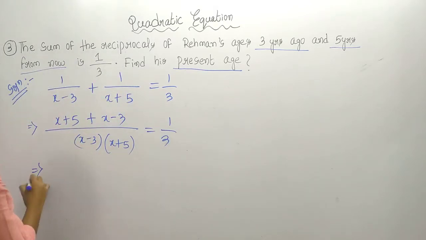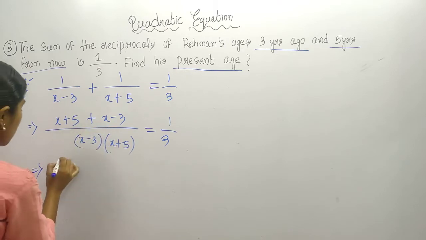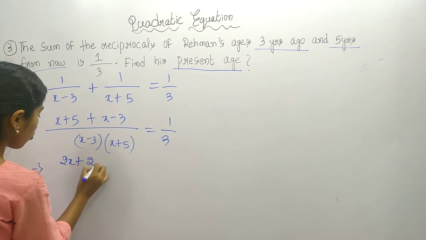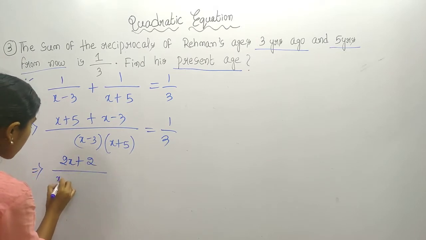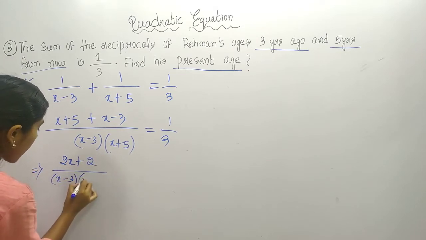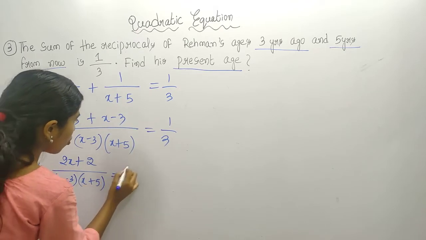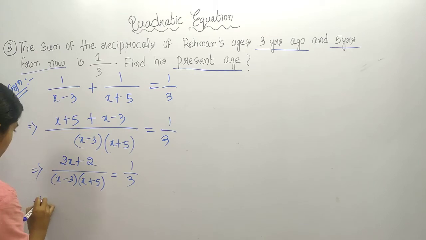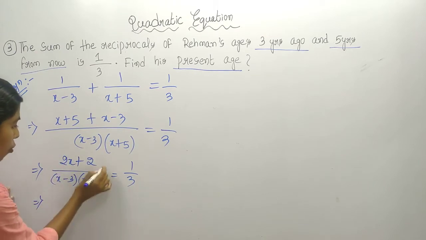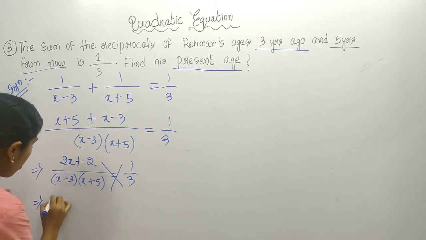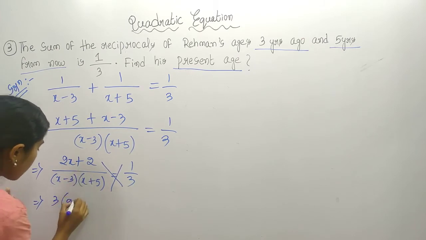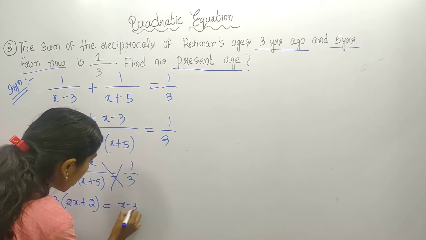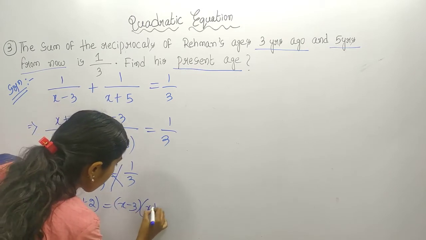That implies x plus x is 2x, plus 5 minus 3 is plus 2, divided by x minus 3 into x plus 5 equals to 1 divided by 3. Next. That implies you do cross multiplication here. So 3 into 2x plus 2 equals to x minus 3 into x plus 5.